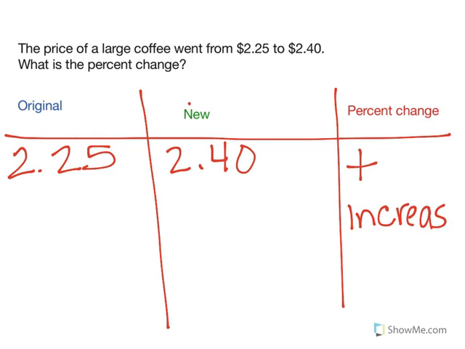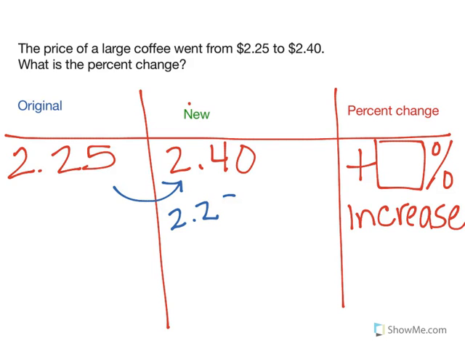So I'm setting this up. We know it's going to be a percent increase. The only thing I'm missing is what the percent is. Now that might not seem like a lot, but maybe it is. So how do we figure this out? Well, we know it went up. So how much did it go up by? Well, it used to be $2.25, but it went up by, so 25, 35, 40, it went up by 15 cents.